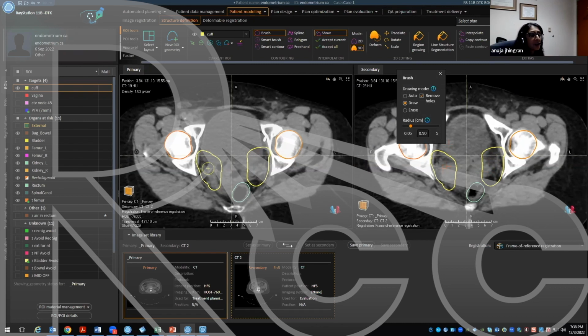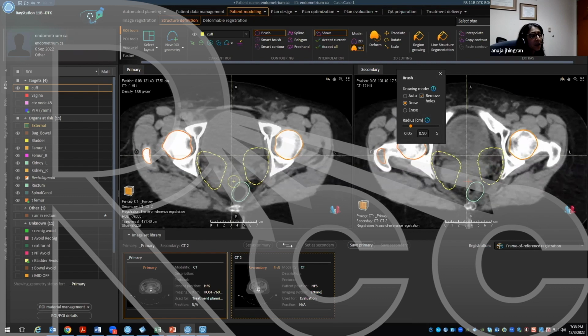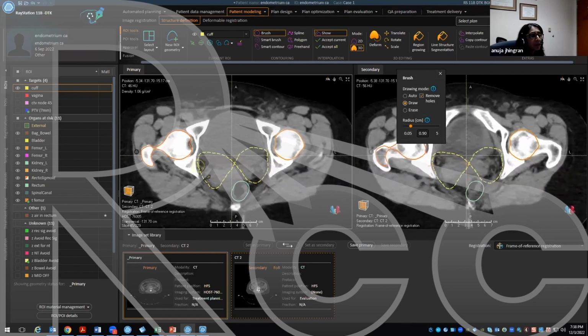Now you could do it as your nodal contour, because this is all bowel right here, so I don't need to go midline there. So the question is, where do I start? I probably would have started right here as my true ITV, but this requires scrolling up and down and looking at my sagittal.